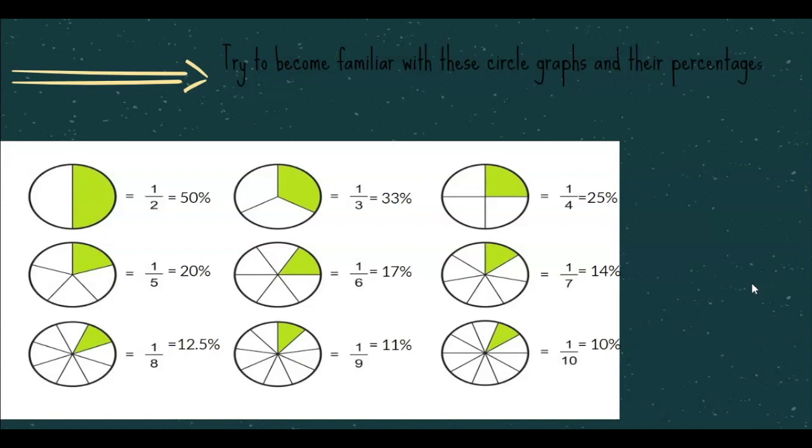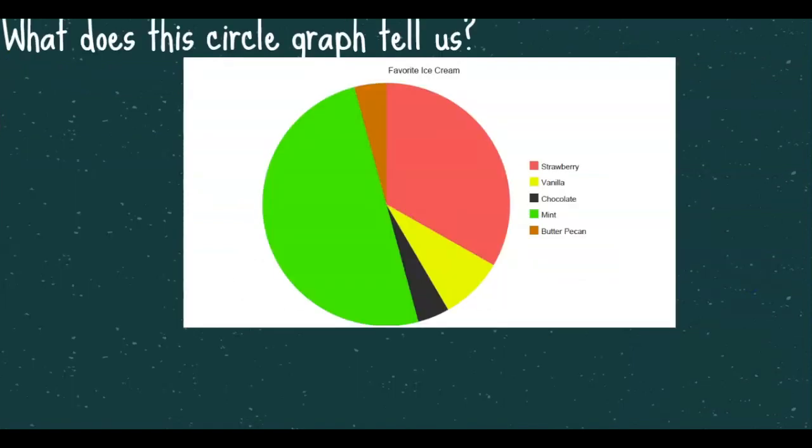All right, so now here we have this particular circle graph, and we need to figure out what it's asking us or what it tells us about this graph. You notice that each section of the circle is completely filled in. There's no empty space.